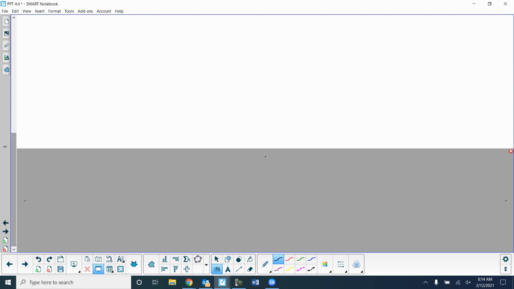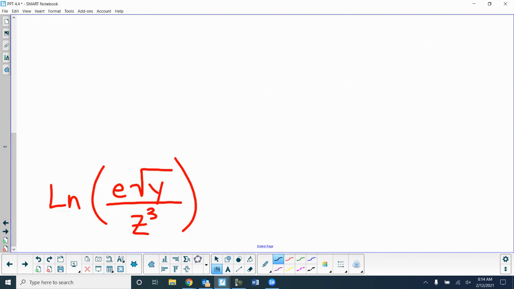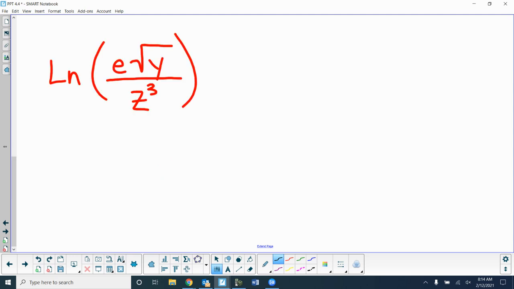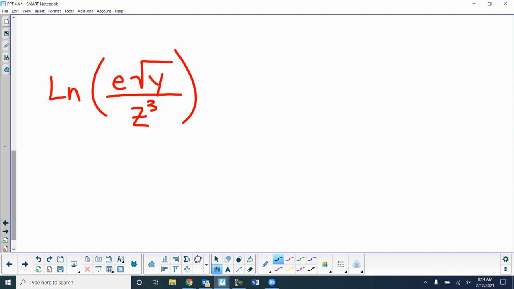Here's another one. We've got natural log, so we're going to use ln when we do this one. This is multiplication, so what do I do with these two when I expand it? Multiplication I'll change to what? Addition.